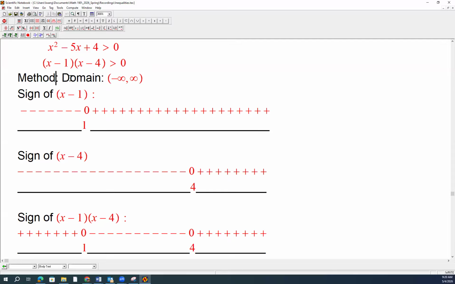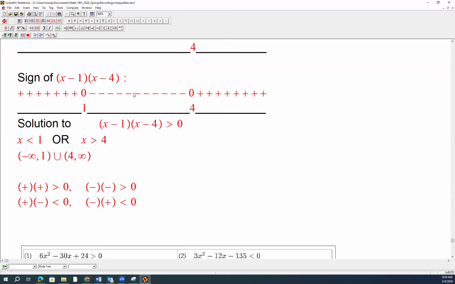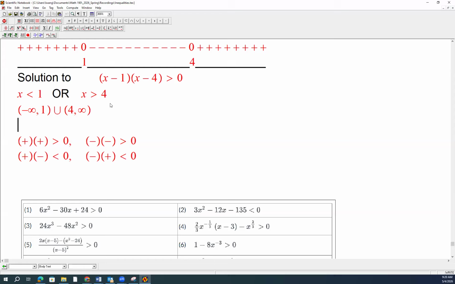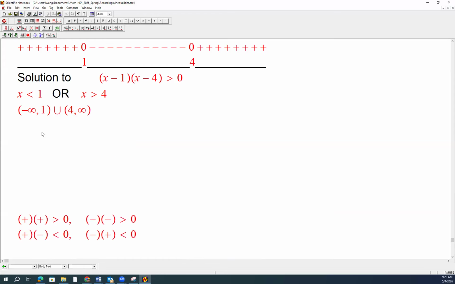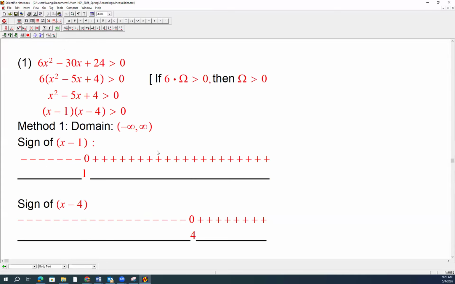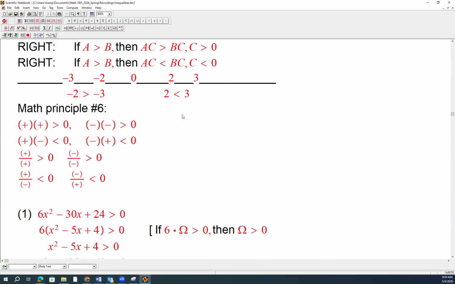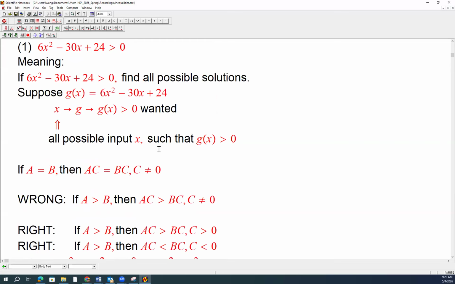The second method, method number 2, if you're familiar with the quadratic. I used the interpretation of function earlier on to explain this to you.